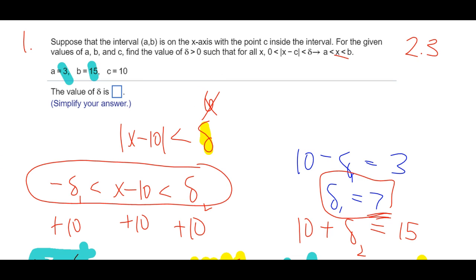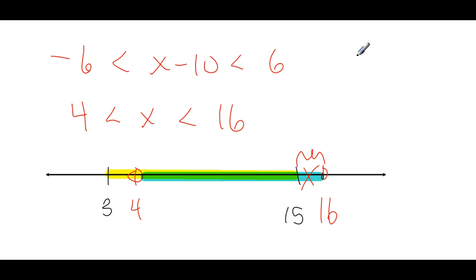If I did 7, then it would become negative 7 less than x minus 10 less than positive 7. If I added 10, I'd have a positive 3, sorry, and a 17. It would be even worse. All right, the 3 would be okay, but this 17 would not be okay.